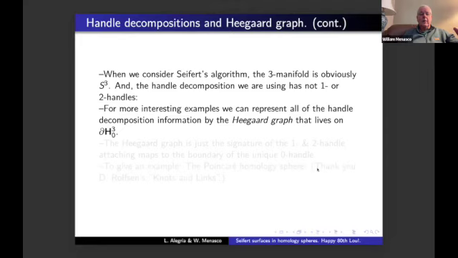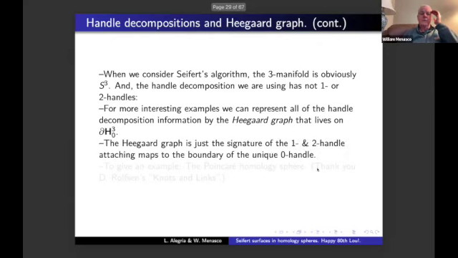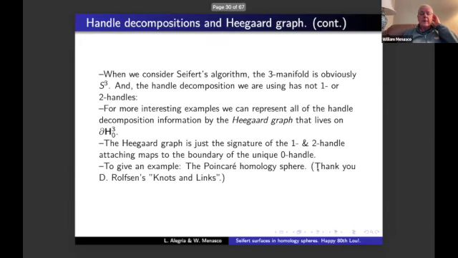If we're interested in more interesting examples, then we have to think in terms of one and two handles. Let me give you an example of how this can be seen, and I want it all encoded in a graph, this Heegaard graph.